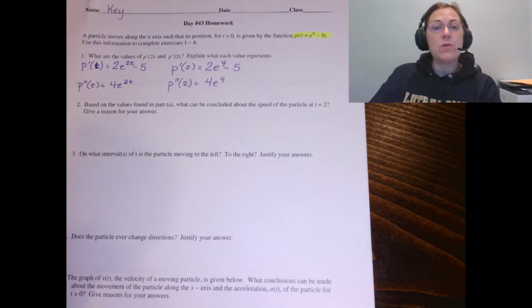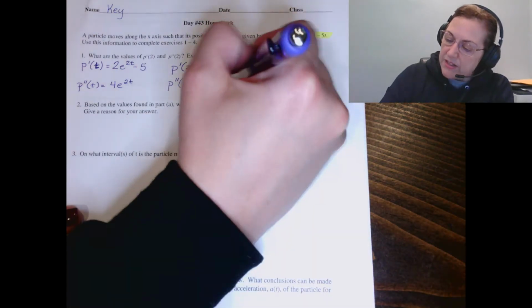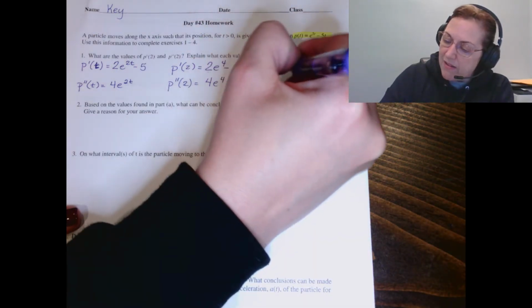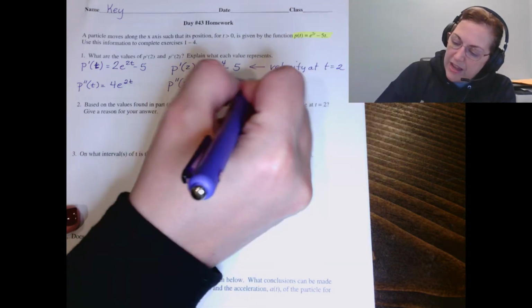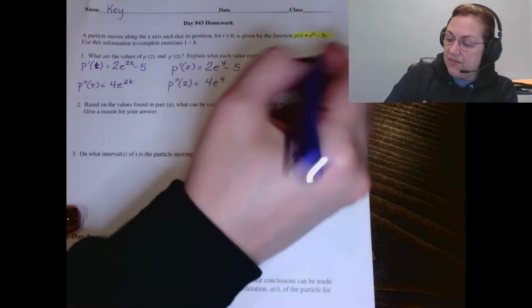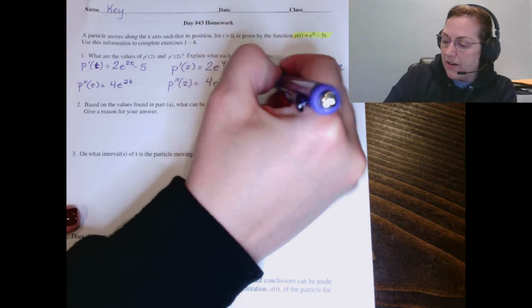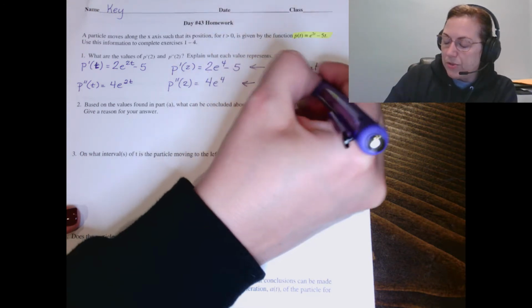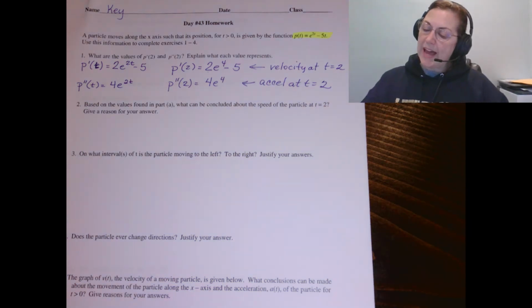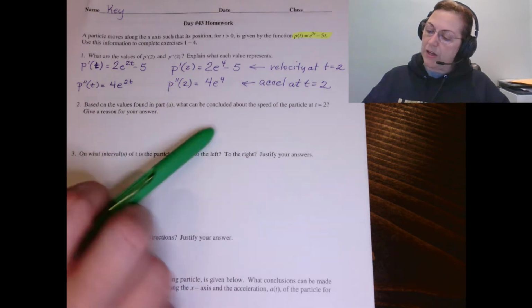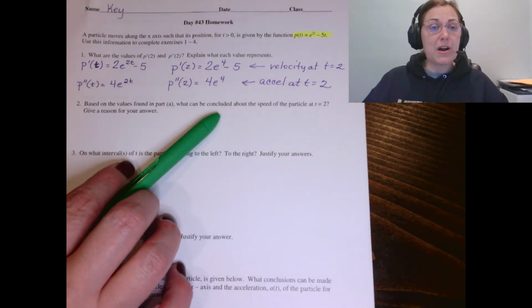Okay. And now what do these represent? This is the velocity at t equals 2. And the second derivative is the acceleration at t equals 2. Now look at both of these. Based on these values, what can be concluded about the speed of the particle?